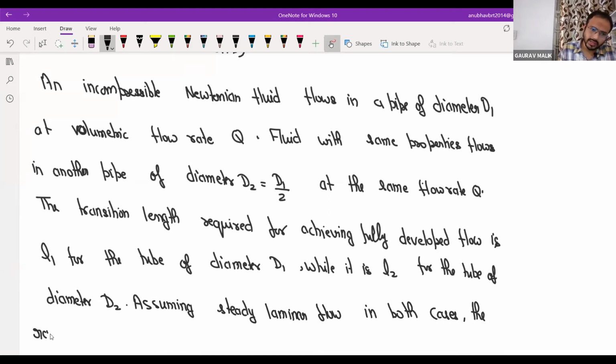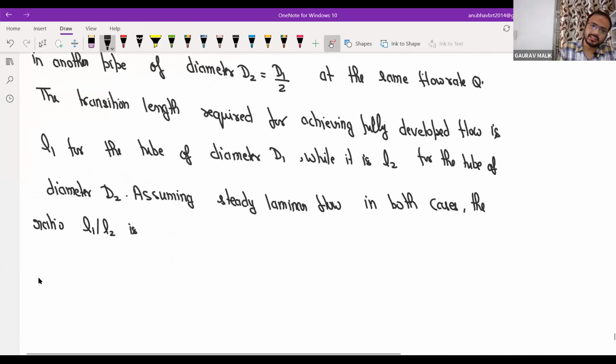The ratio L1 by L2. If you will do any mistake, you will get answer but wrong. Options: 1/4, 1, 4 and 2.